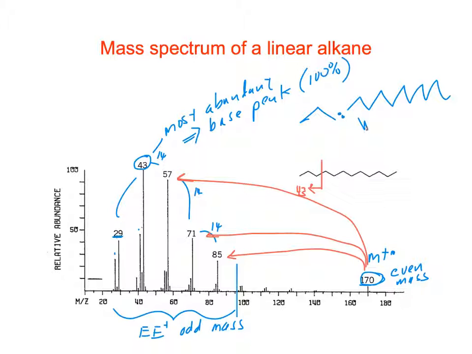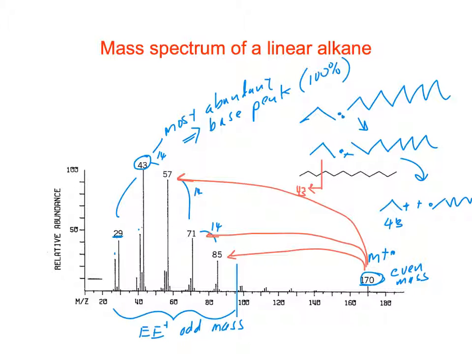Then we ionize, and we lose an electron in that bond. This bond is essentially weakened, and so it breaks. Radical goes to one side, cation goes to the other side. We end up with a cation like this, plus a radical. 3 carbons, so the mass to charge is 43.